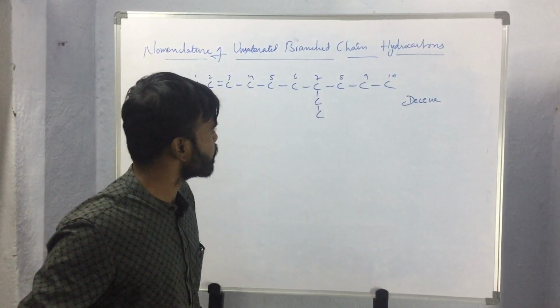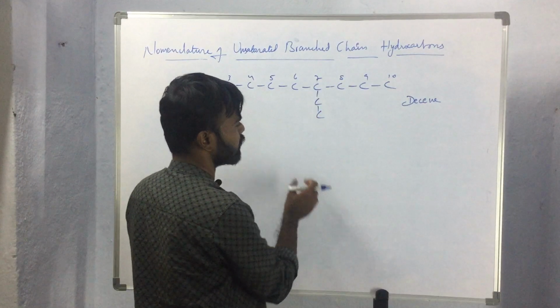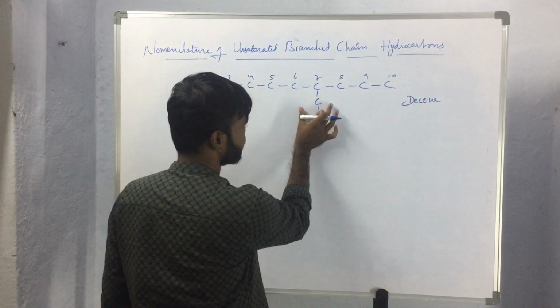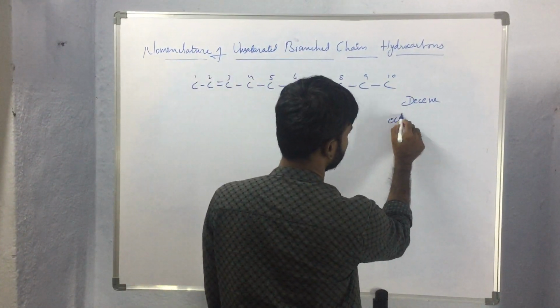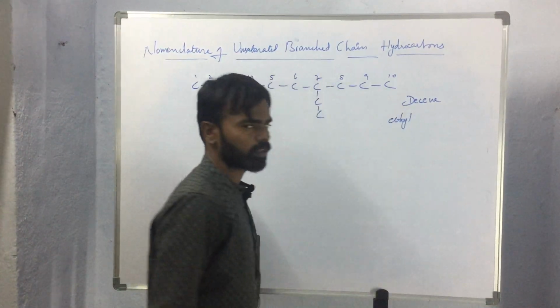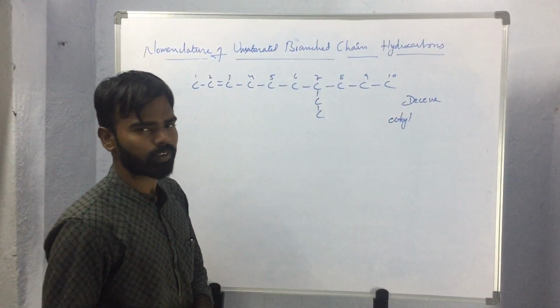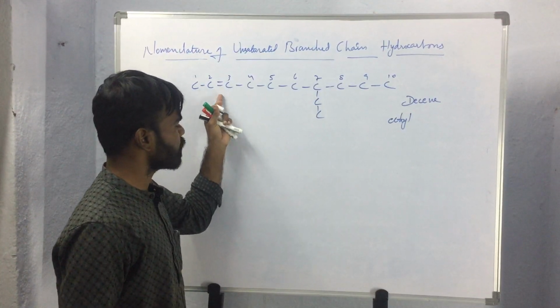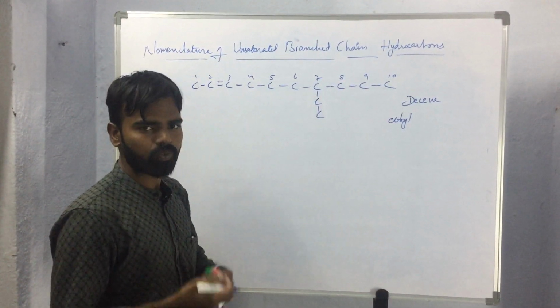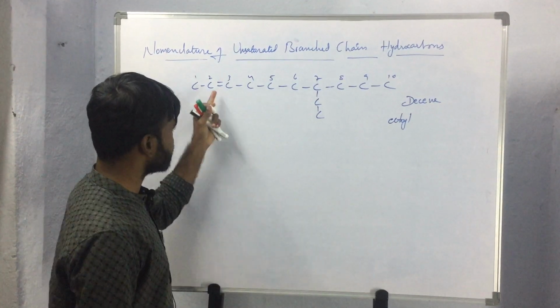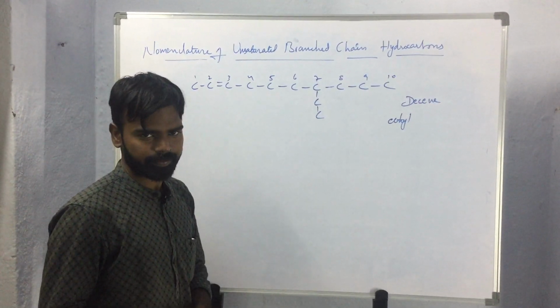Now our next step is identifying the substitutions. Here the side chain is an ethyl substitution. Now the next step is to identify the unsaturation and its type, and then designate the unsaturation and the side chain.